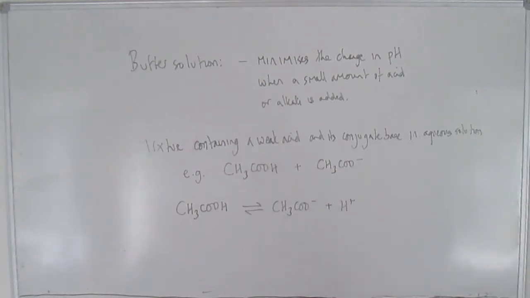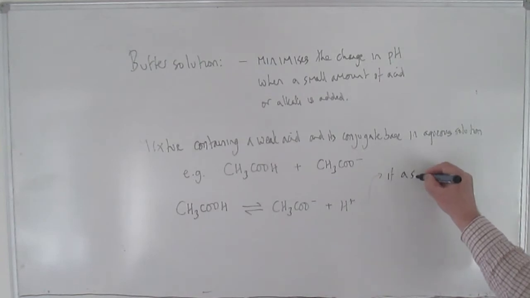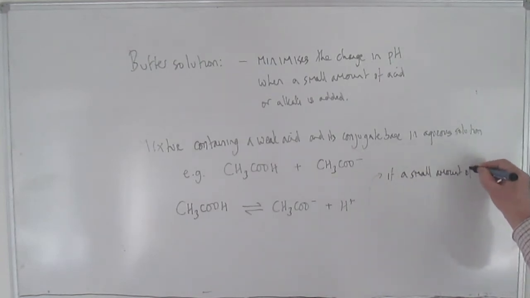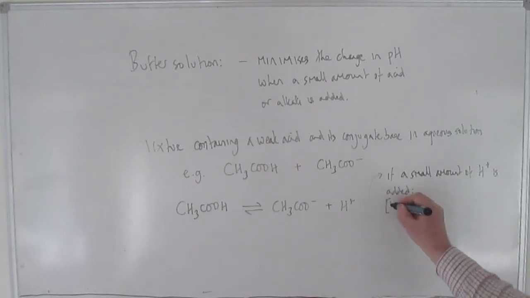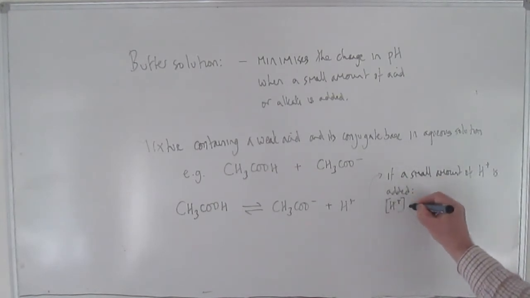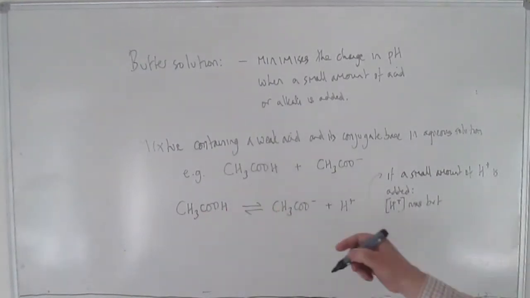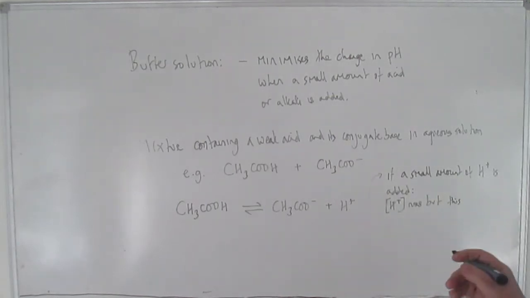So we can explain that, and you need to be able to explain that, because that's a very important thing. So if a small amount of H plus is added, the H plus concentration rises, but this equilibrium, and obviously the equilibrium needs to be written down in order to explain this.